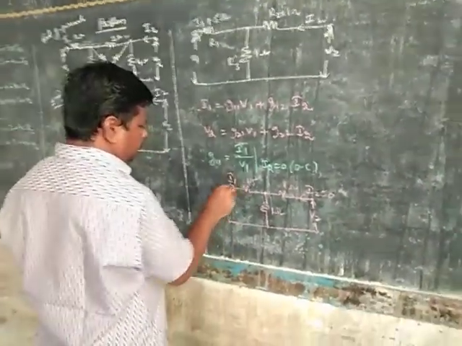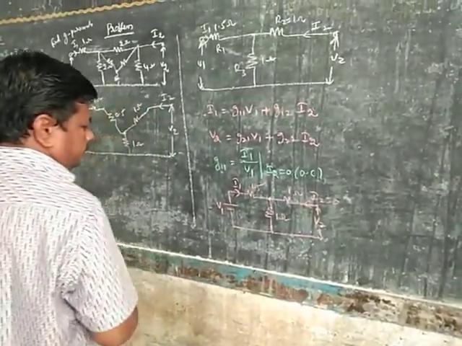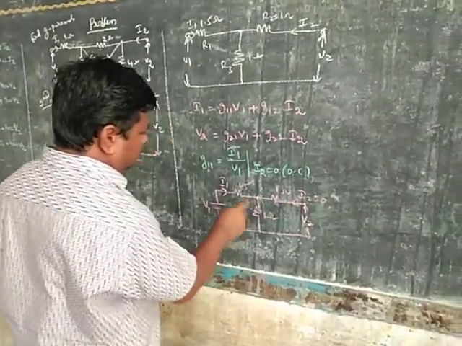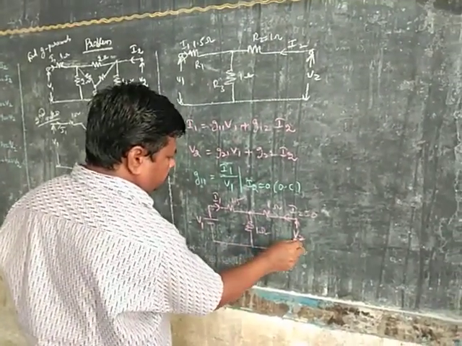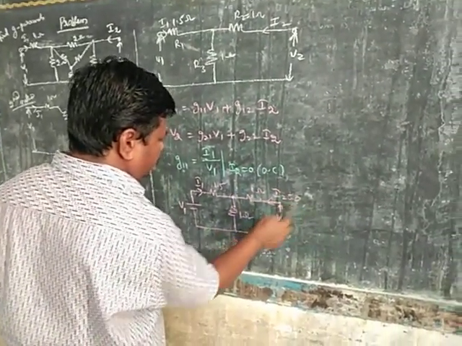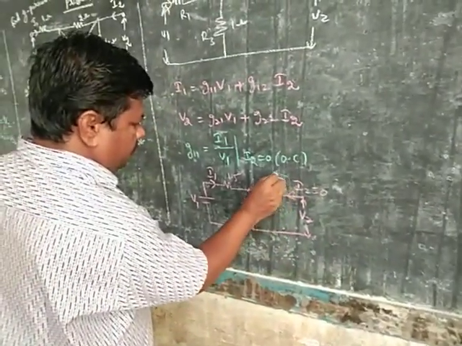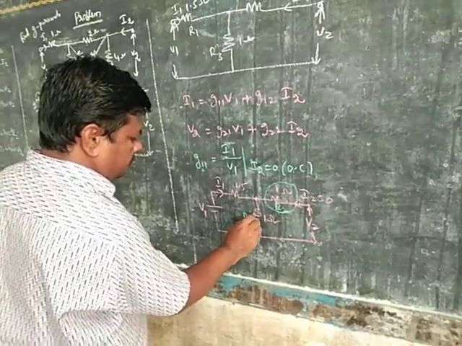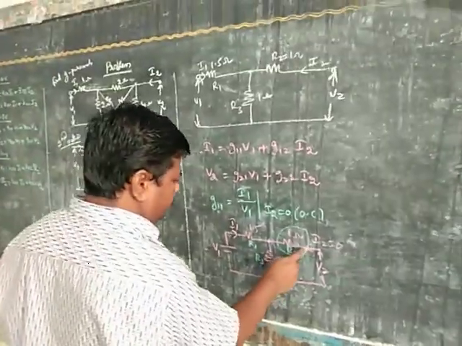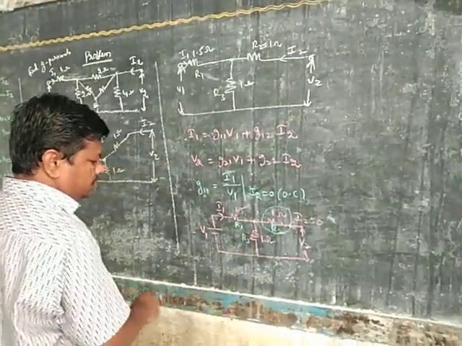Now here, I1 by V1. Whenever I2 is equal to 0, there is no drop across the R2 resistor.